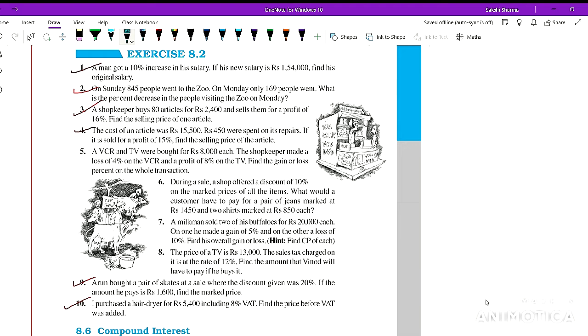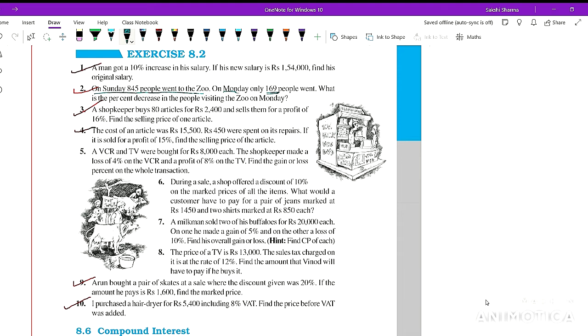Question number 2. On Sunday, 845 people went to the zoo. The number of people who went to the zoo on Monday is 169. There is a decrease in the number of people who visited the zoo.